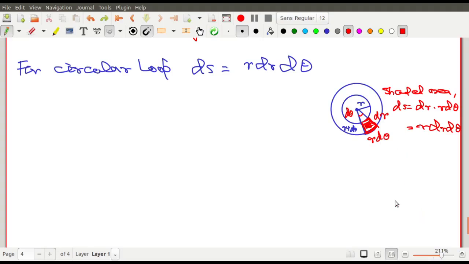You may argue, sir, why are you using length into breadth? Is it a rectangle? It doesn't appear to be a rectangle. But if I consider d theta very small and dr very small, the smaller I take them, it will approach a rectangle. They are definitely not exactly rectangles, but as you make them smaller and smaller, this will definitely appear rectangular.